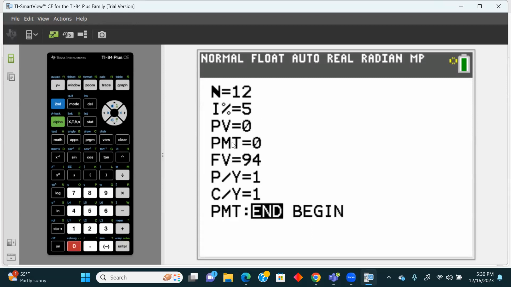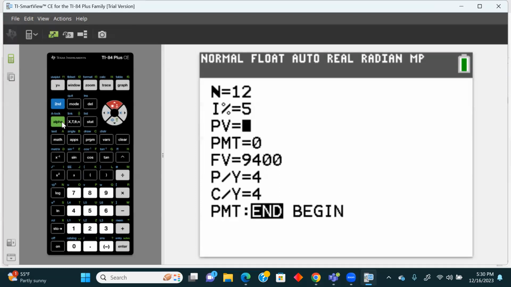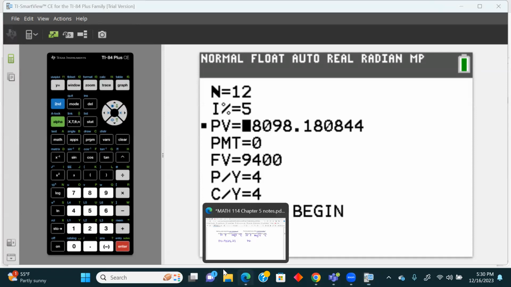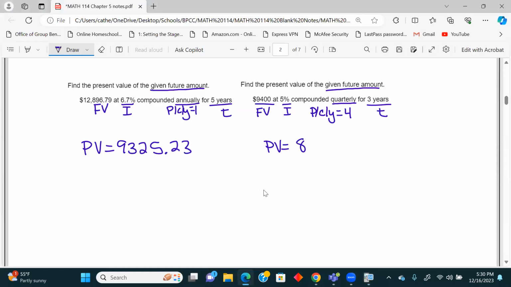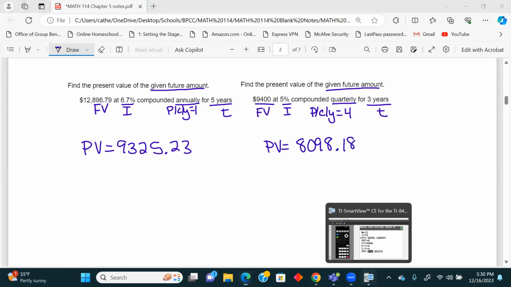Future value, in the future, we want $9,400. And PCY is 4 because it's compounded quarterly. We're looking for the present value. So I'll put my cursor up there and hit alpha, enter. So $8,098.18.